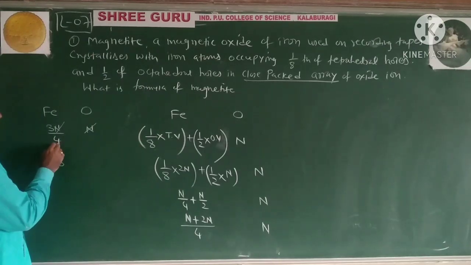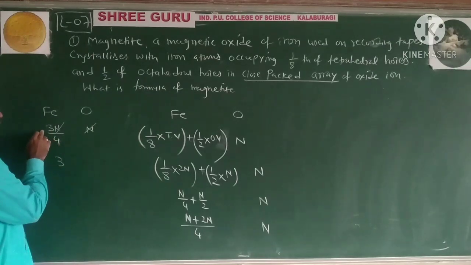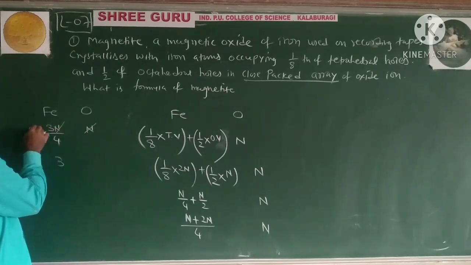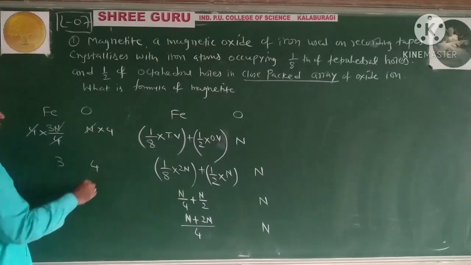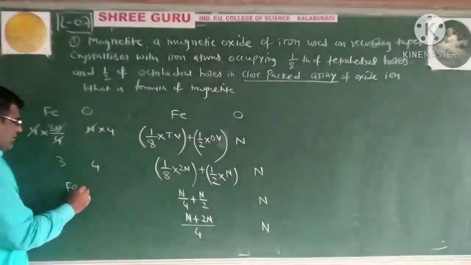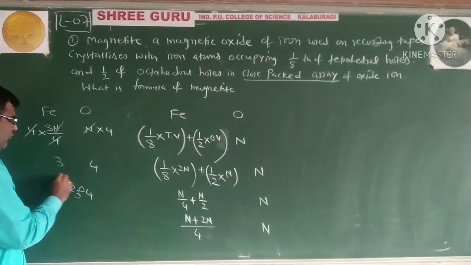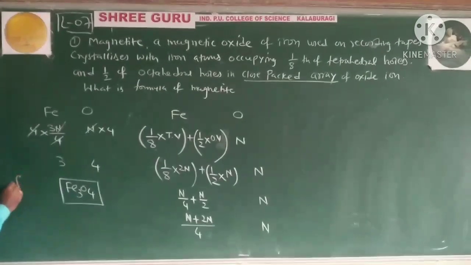So we have 3, and oxygen also gets multiplied by 4, so it is 4. So the formula is Fe3O4.